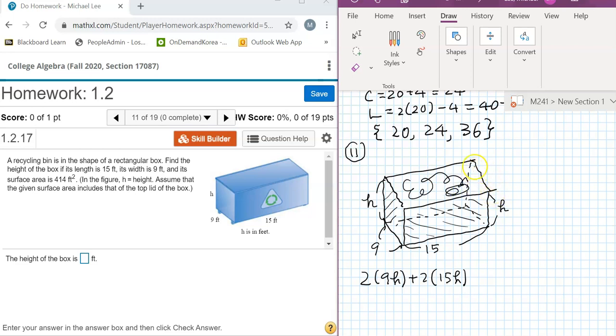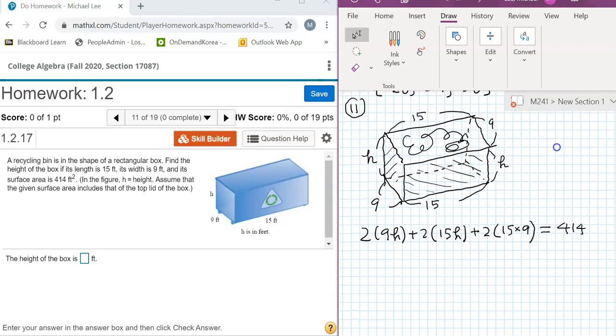This guy is 9, and this is 15. This is the top cover, so we've got also the bottom. So we have twice of 15 times 9. That is the surface area, which is 414.